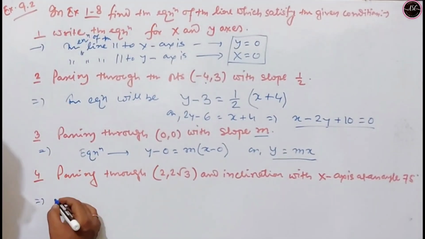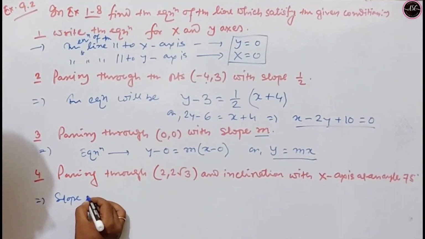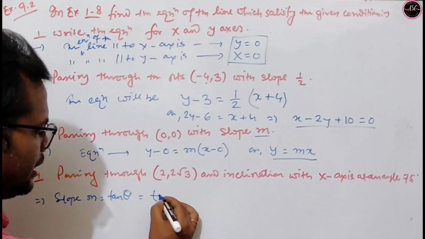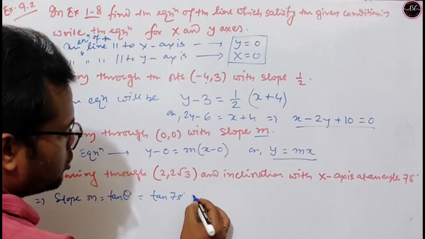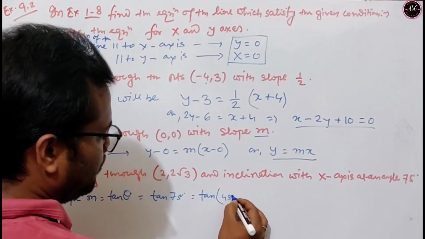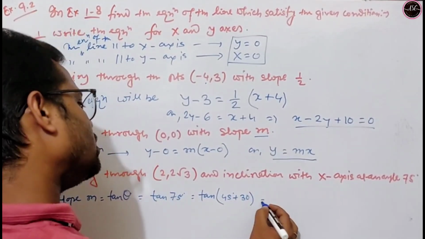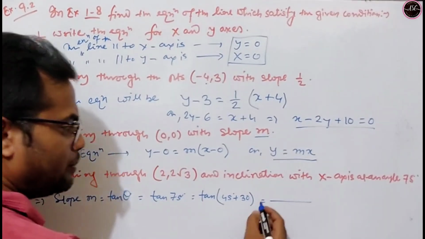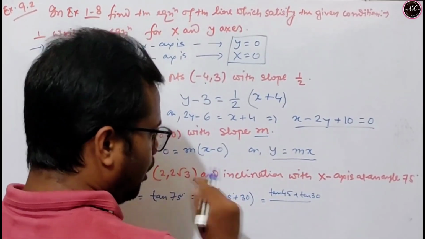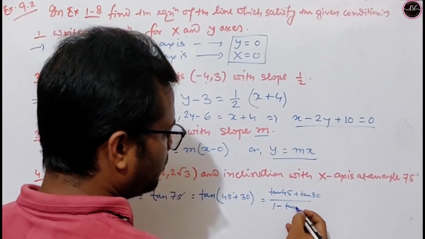So we know slope m equal to tan theta, here theta equal to 75, that means tan 75. How can we write this? Tan of 45 plus 30. Just apply tan(a plus b): tan 45 plus tan 30 divided by 1 minus tan 45 tan 30.